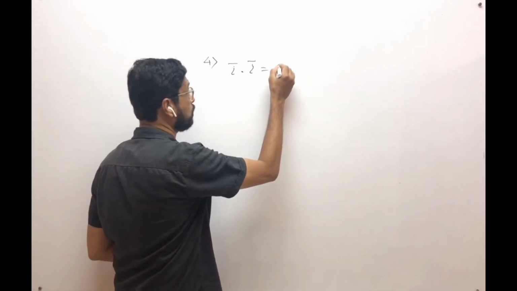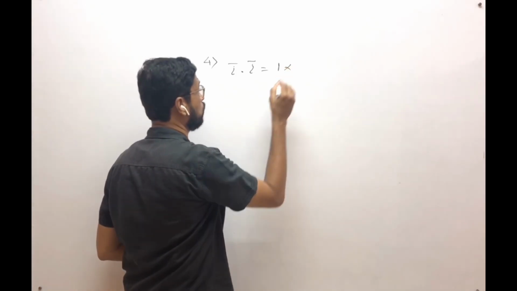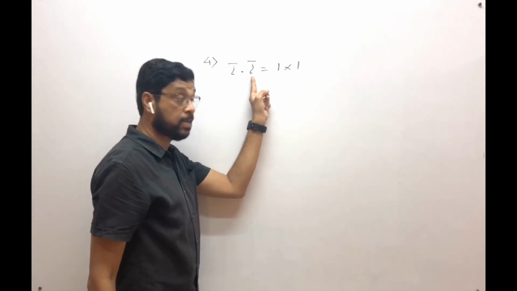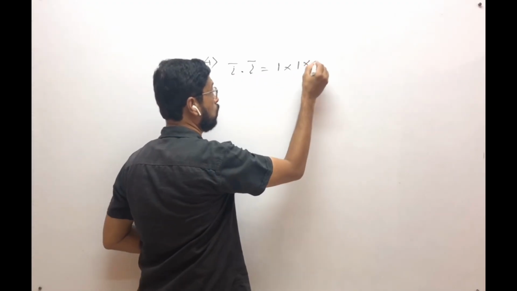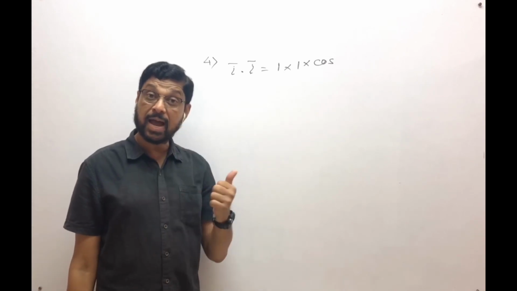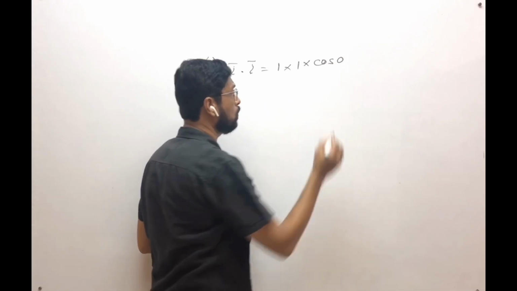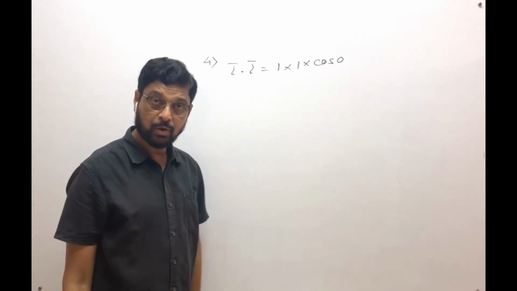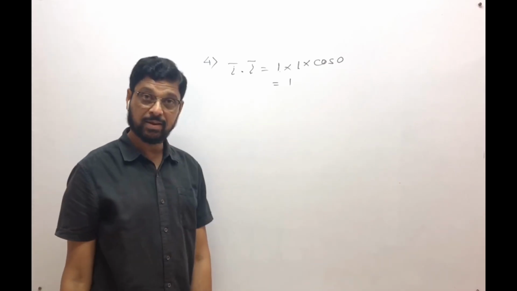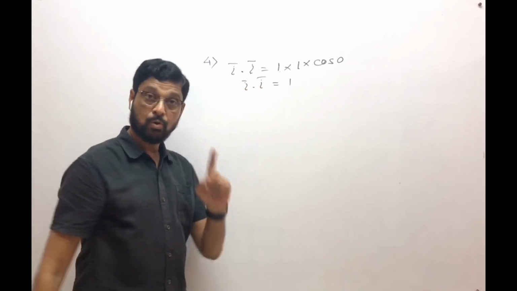The magnitude of vector I is 1, because I is a unit vector, so 1 into 1, into cos of the angle between I and I, which is 0. So cos of 0 degree is 1. So 1 into 1 into 1 is equal to 1. Meaning I dot I is equal to 1.